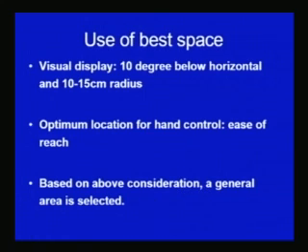So, how to use the best possible area which has been selected for locating the different control devices which are available, in an optimum manner? Certain principles are used based on which the control devices are located in the best possible area.